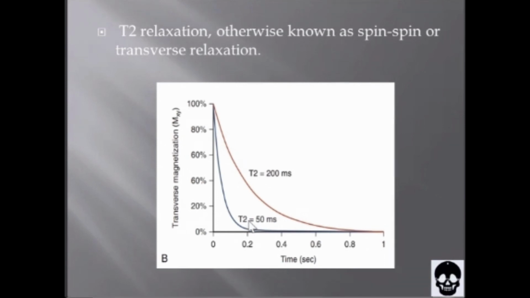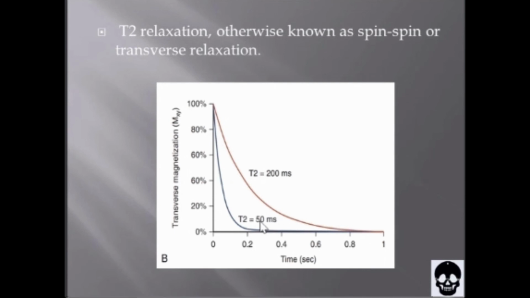The signal coming from the tissue with the shorter T2 decays faster, and this effect is used to generate T2 contrast in MRI. The smaller the T2 value, the faster the magnetization fans out around the x to y plane. This is the shorter T2 tissue, 50 milliseconds, leading to a rapid decrease in the signal.